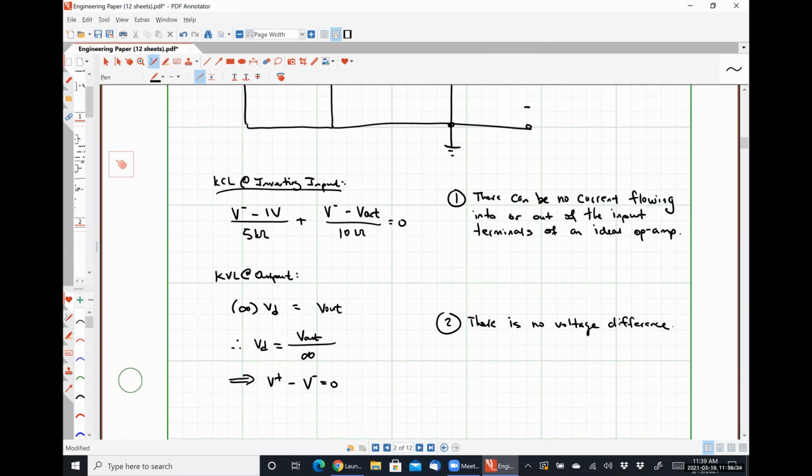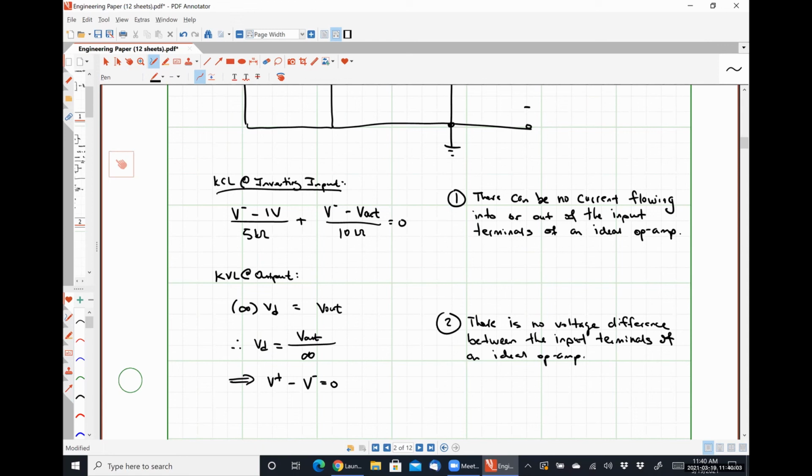There is no voltage difference between the input terminals of an ideal op amp. All right.